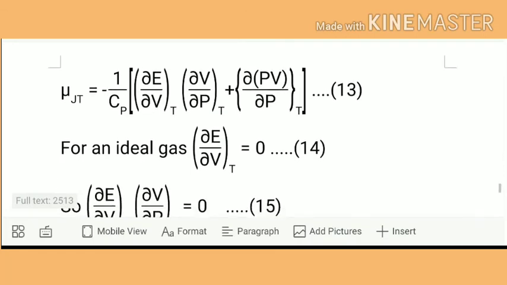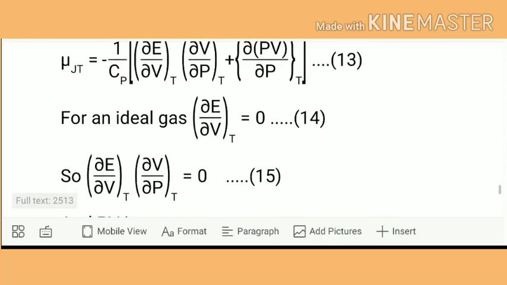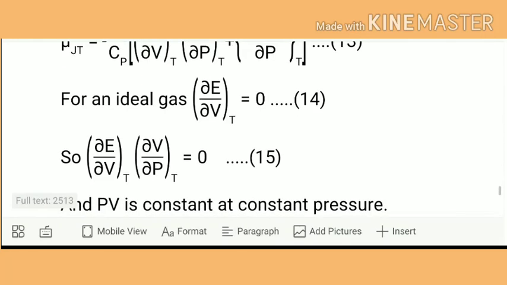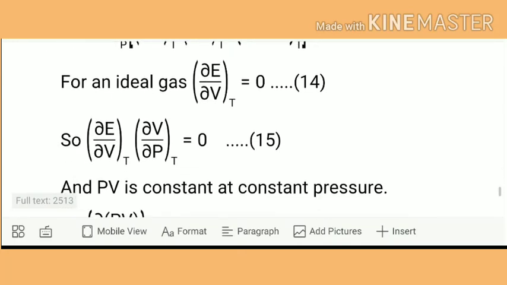So del E upon del V at constant temperature into del V upon del P at constant temperature is also 0, because any number multiplied by 0 gives 0. So the first term of equation 13 will be 0.